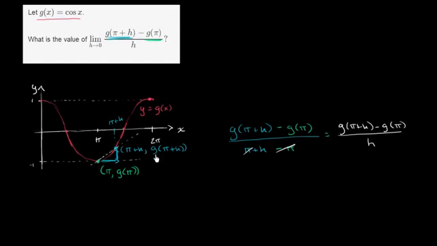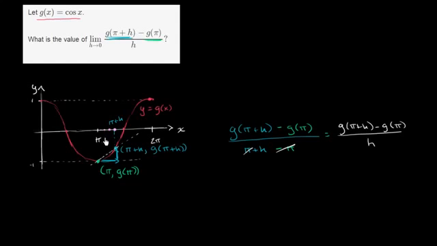Now let's think about what is going to happen as h gets closer and closer to 0. The way I've drawn it, this point is going to go further and further to the left. So pi plus h as h approaches 0 is going to approach pi. If we assumed h was a negative value, then we would be approaching from the other side. But what is going to happen as h becomes smaller and smaller?